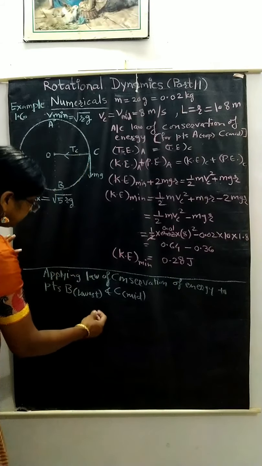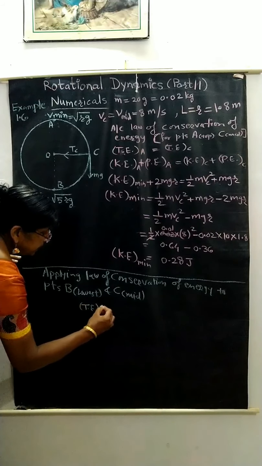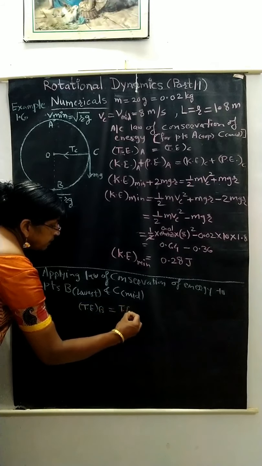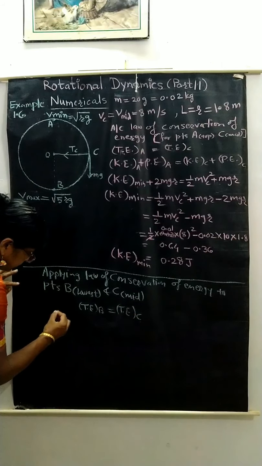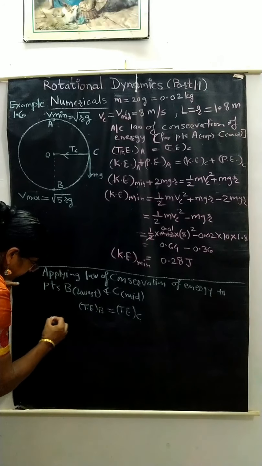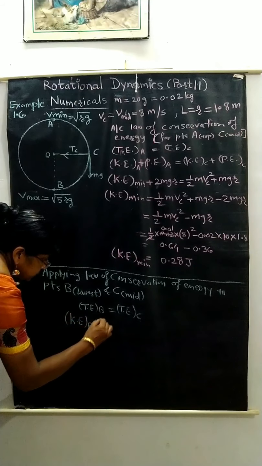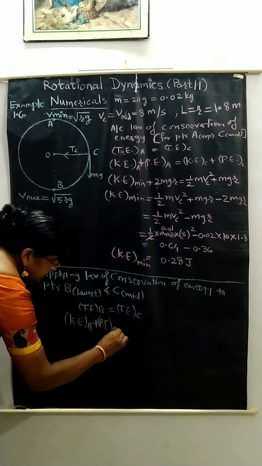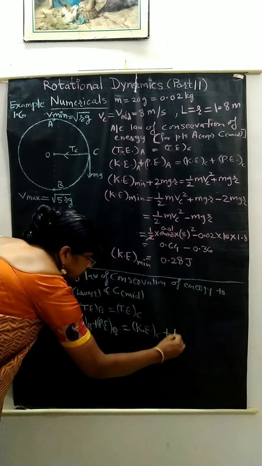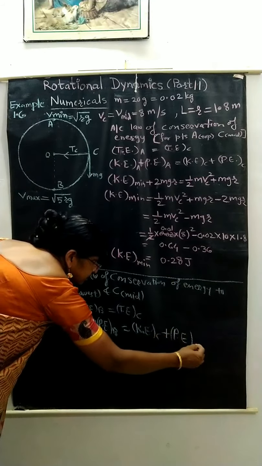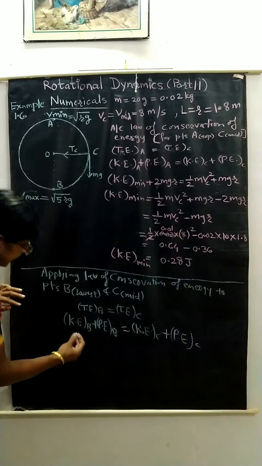Here again we have to write total energy at point B is equal to total energy at point C. So it is equal to kinetic energy at point B plus potential energy at point B is equal to kinetic energy at point C plus potential energy at point C. So kinetic energy at point B means maximum kinetic energy.